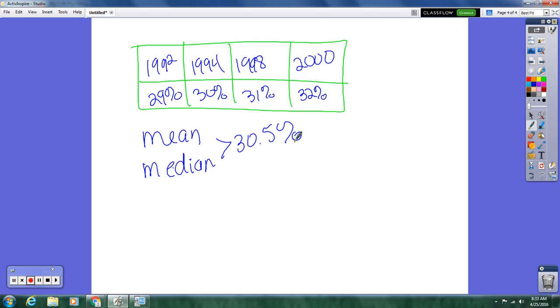So the next measure, we talked about mean, median, mode, measuring central tendency. Now the next one we're going to talk about is standard deviation. On your math one test? You should have heard it last year.